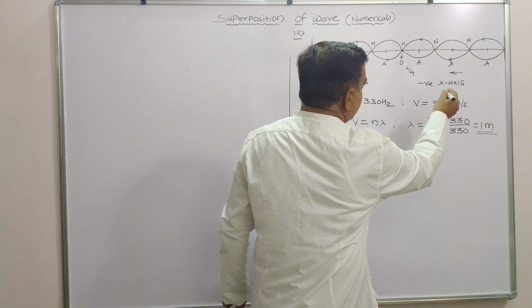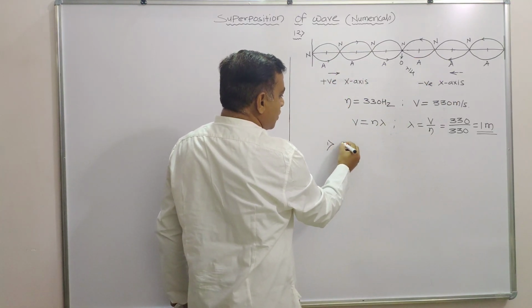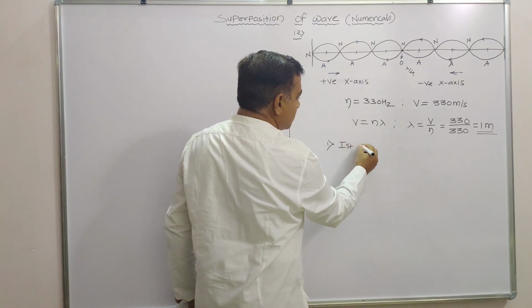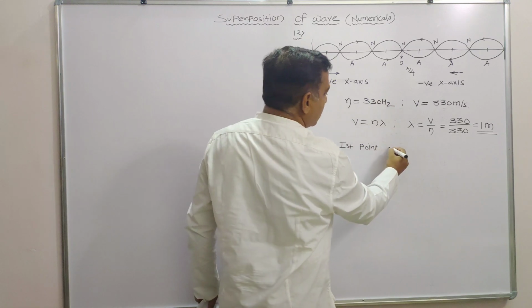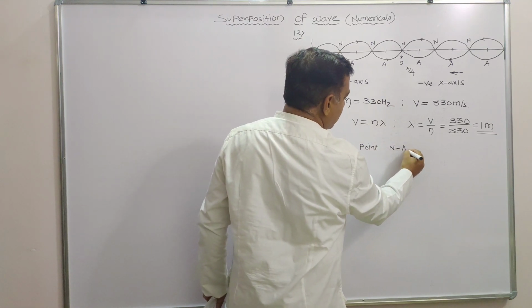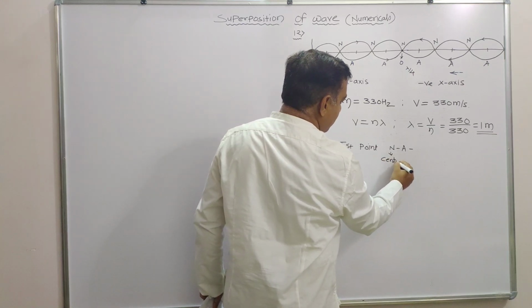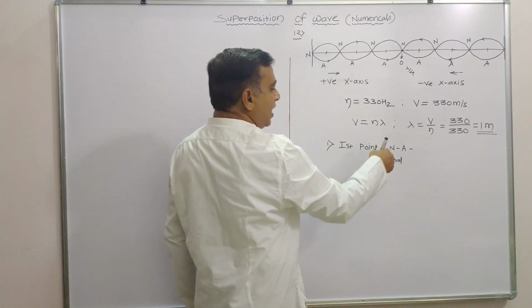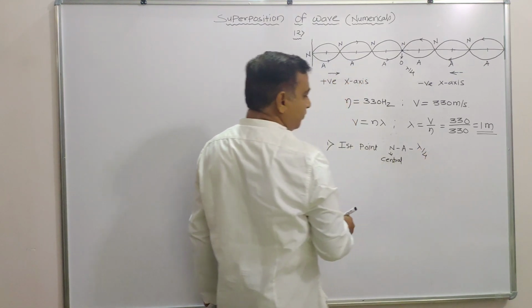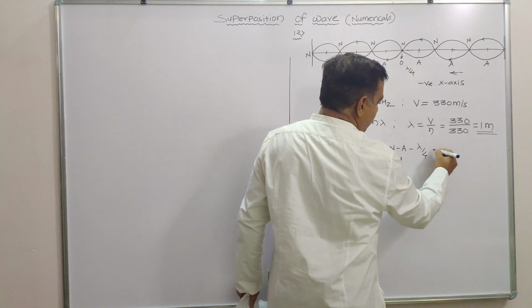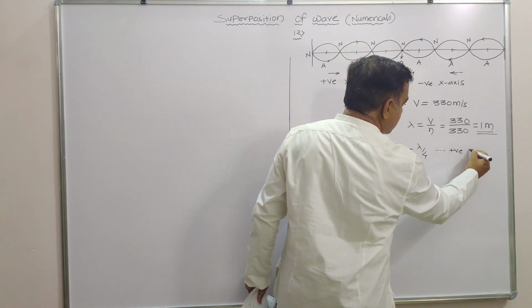First toward the positive side, from the central node to the antinode, it is lambda by 4, and obviously it is along the positive x-axis.